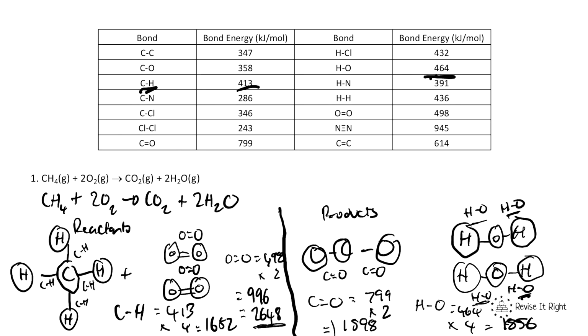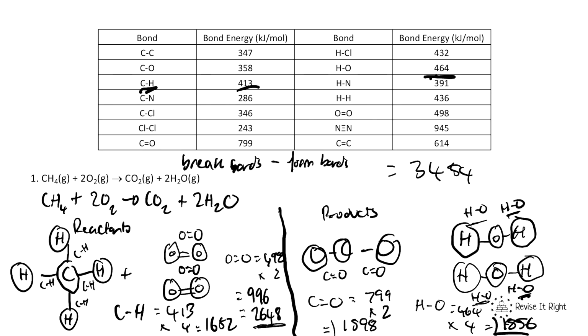So to work out the total amount of energy released, we add these 2 numbers together. So 1,856 add 1,598, and that gives you a total of 3,454. So now to find out the overall change, we've got to do the amount of energy to break the bonds, take away the amount of energy supplied to form the new bonds.